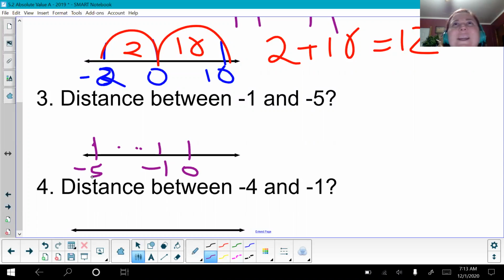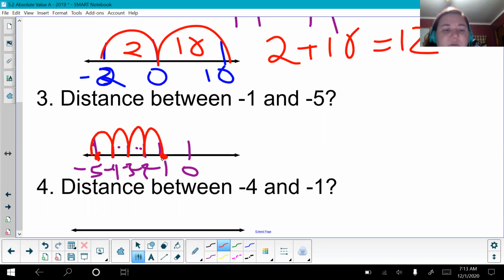They're both negative. Well, -5, then this would be -4, then -3, then -2, then -1. So how far is in between those two numbers? This time, it's a little different, right? I have 1, 2, 3, 4. I have 4 spaces.